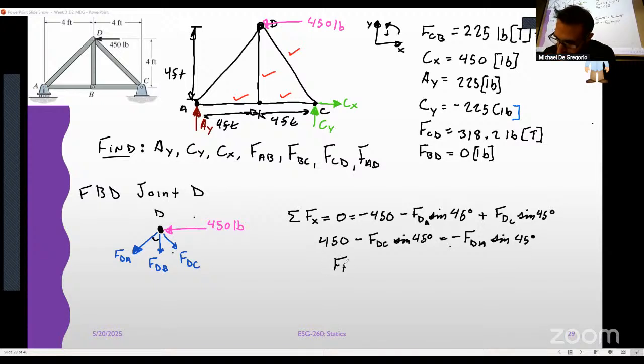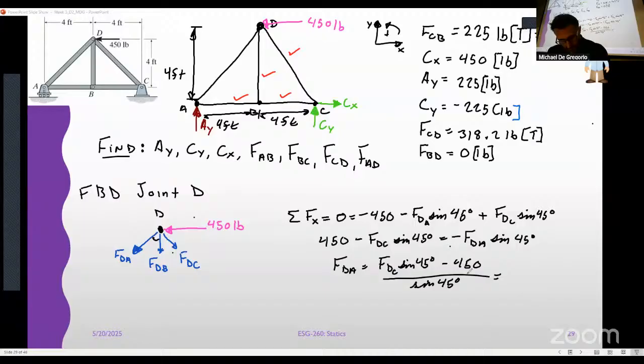So FDA is equal to FDC sine 45 degrees minus 450, divided by sine of 45 degrees. We plug in our stuff and we should get negative 318.2 pounds in compression. So we know this one's compression.